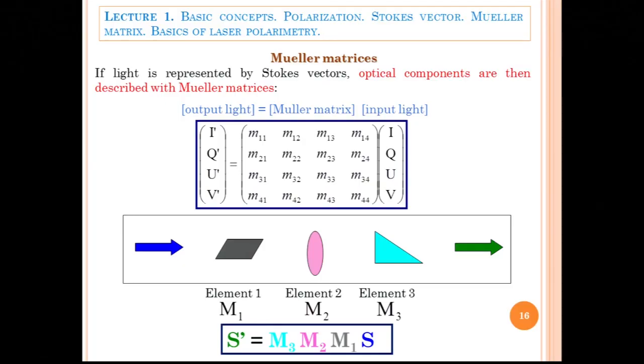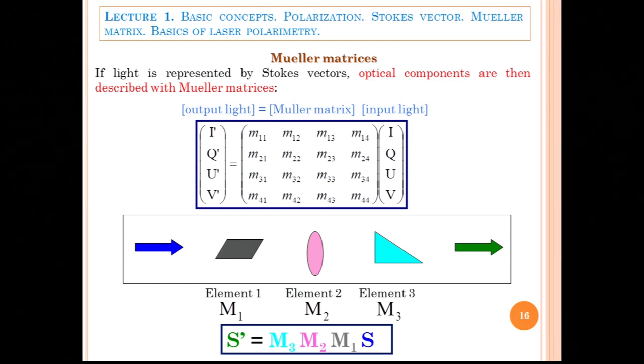So, for example, for a very simple case, this one is input light, output light. And here we have some rhombus, some lens, and some triangles, for example, from different types of glasses. This one, elements 1, 2, and 3. So the transformation of light can be described with this simple equation.